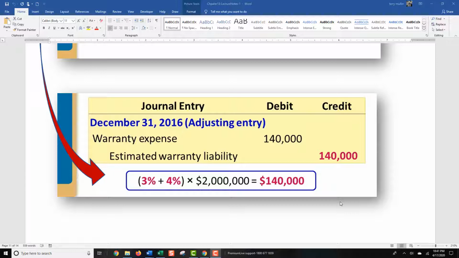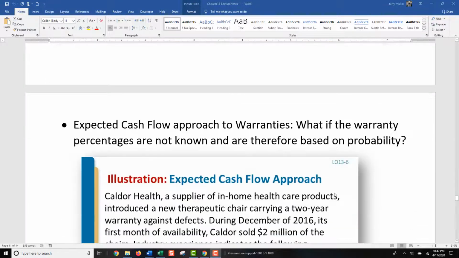For instance, if you gave somebody a cell phone and you say, here's the new one to replace it. That's two examples. You're going to take the liability off the books and either give them their cash back, or give them a new one out of inventory.